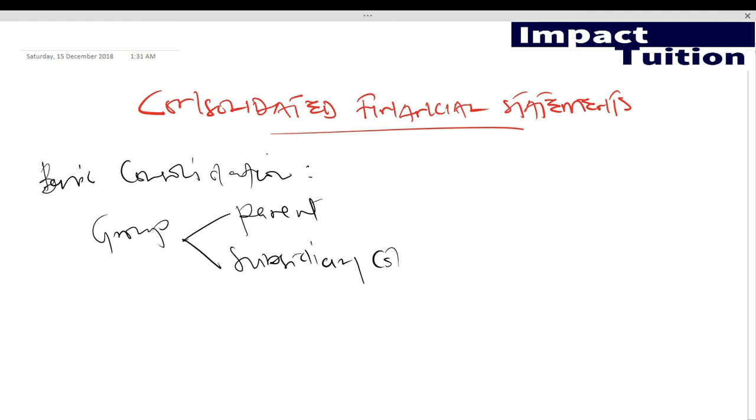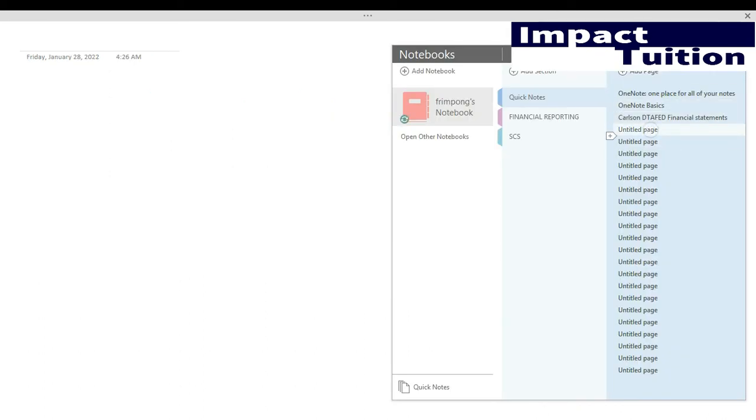And the purpose of preparing consolidated financial statements, let's do this, purpose for consolidation.